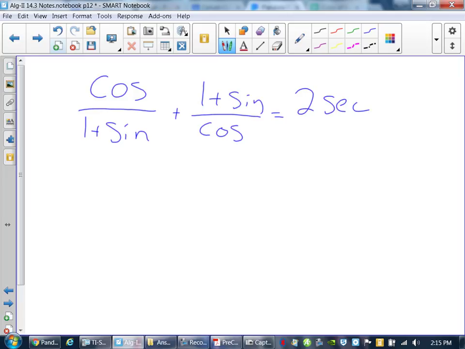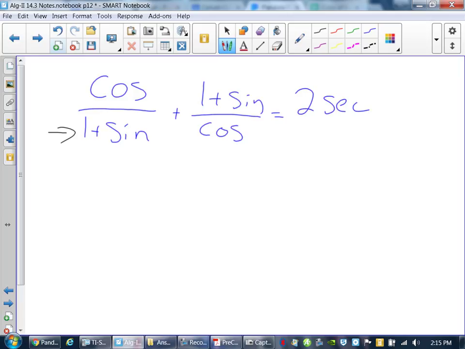Common denominator, exactly. Anytime you see addition or subtraction, whether it's simplify or verify, and you have fractions to begin with, it's probably saying, try and get a common denominator. So, what's going to be my common denominator of these?